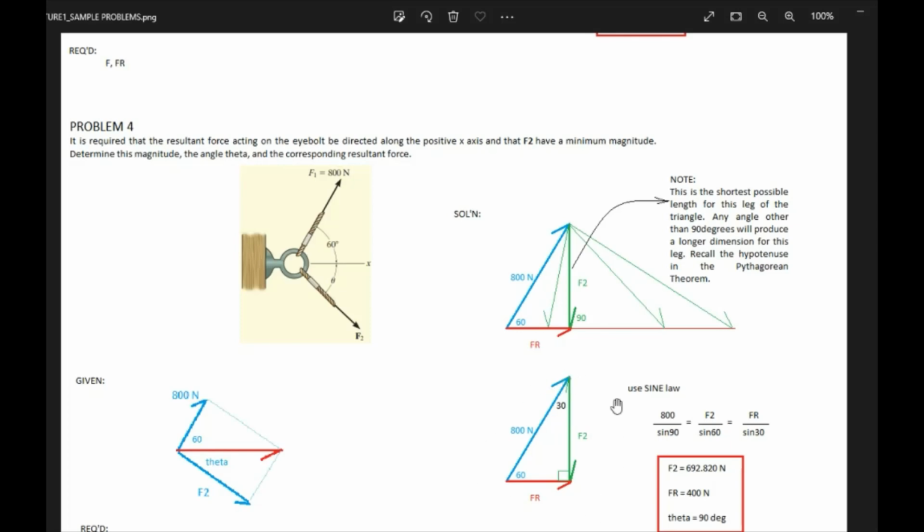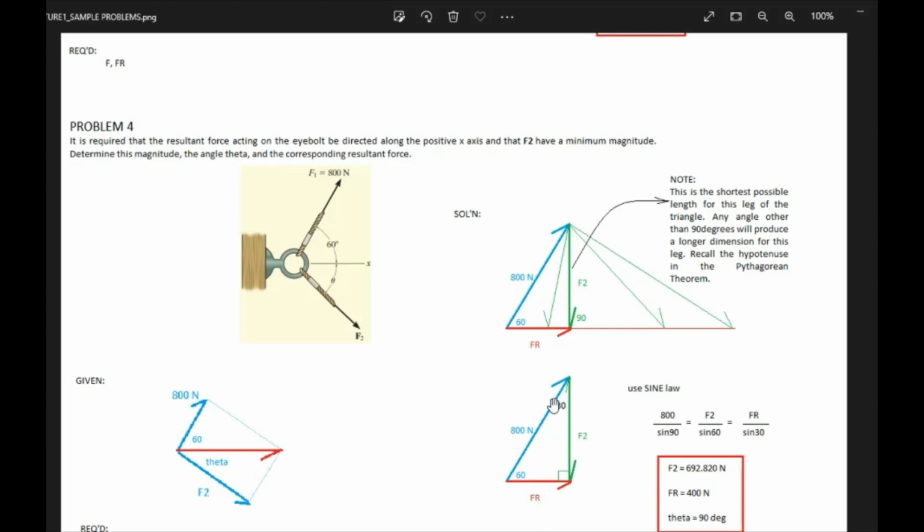So, katulad ng number 3, ang given sa'yo isang leg, isang side, and all the interior angles. So, again, magsa-sine law tayo, hindi tayo magko-cosine law. Alright? Now, applying sine law, we will generate this equation here, 800 over sine 90, equals F2 over sine 60, and FR over sine 30.